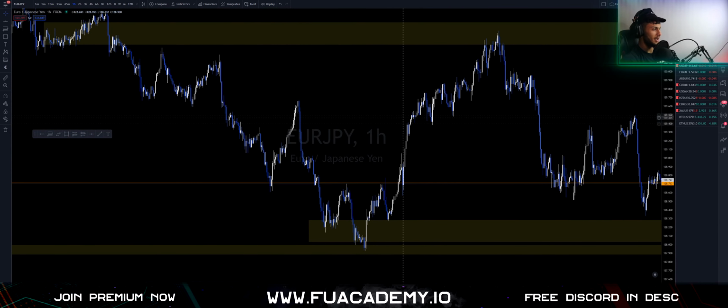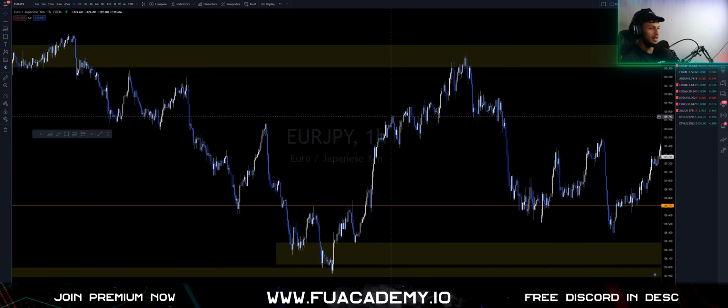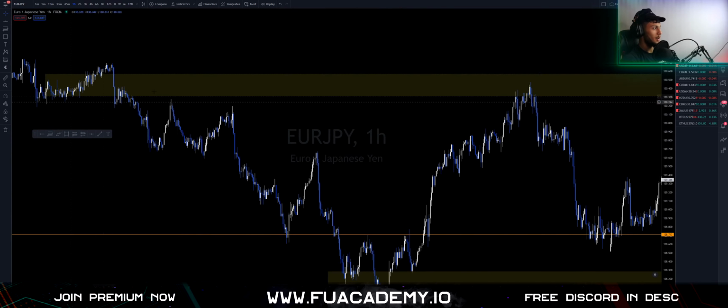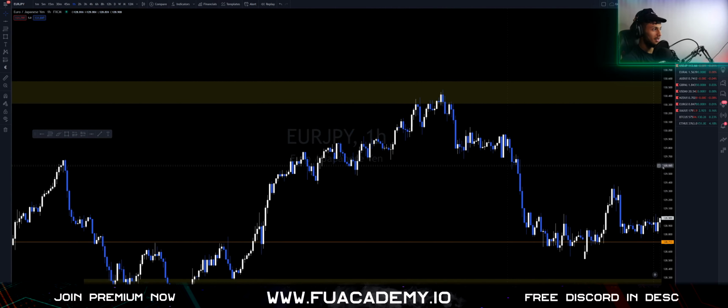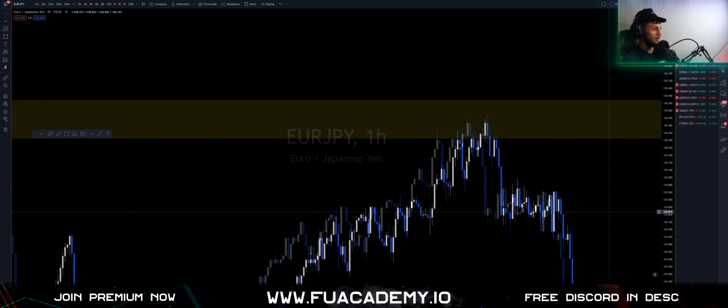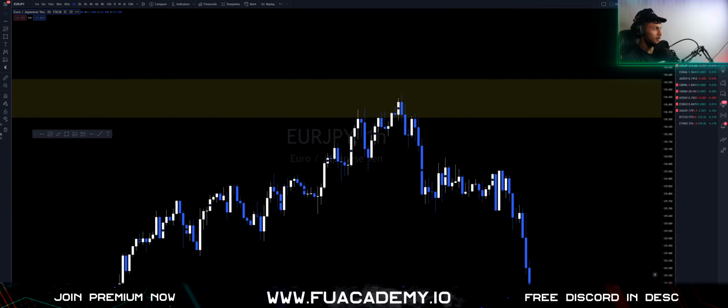We retested the structure and we continued on, creating higher highs, higher lows, etc. Now, as we approach our point of interest, which is the yellow box, see the way price is slowing down. Okay, so price is slowing down, and this is our first tap on the institutional candle on the daily time frame.